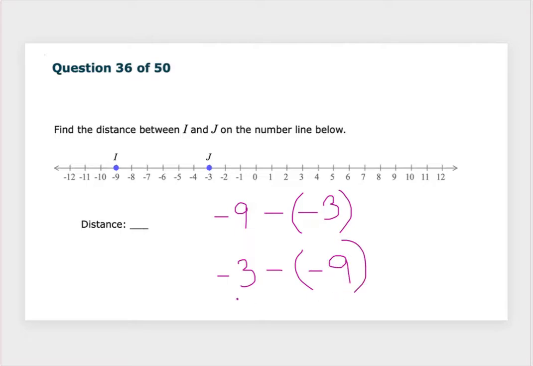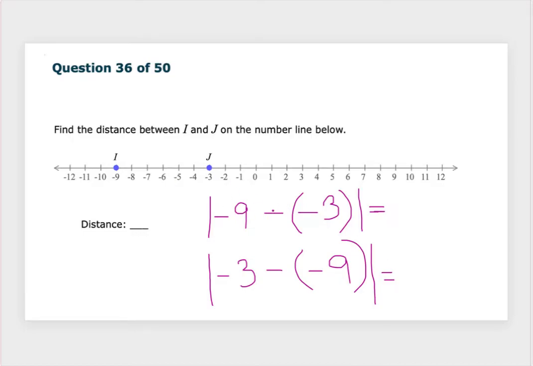Okay, so negative 3 minus a negative 9, negative 9 minus a negative 3. And the reason that it doesn't matter which way we do it is because distance is always the absolute value. Okay, distance is always the absolute value. So let's look at both of those.